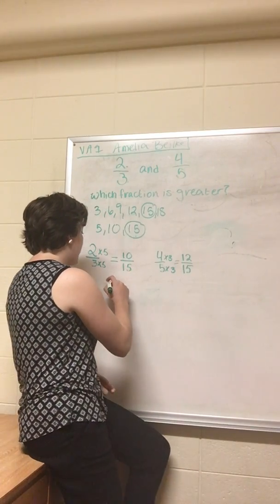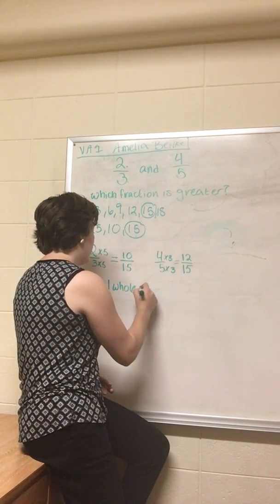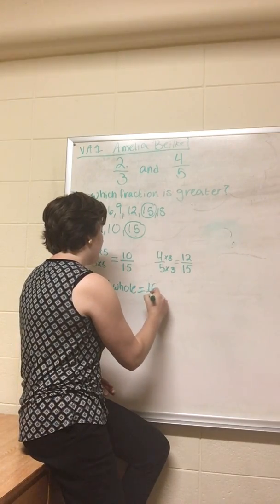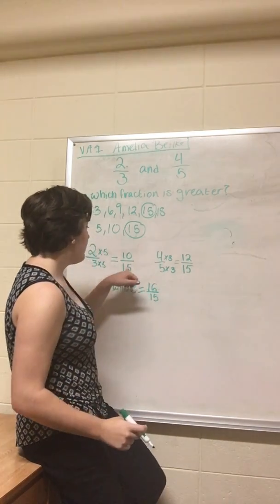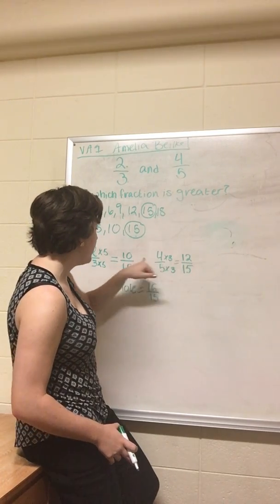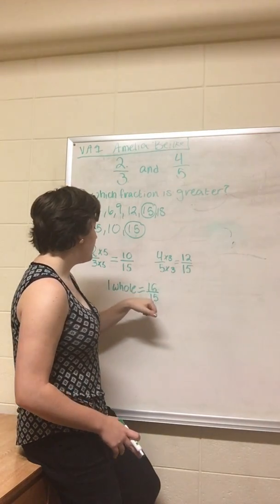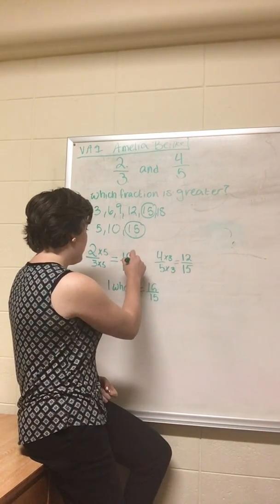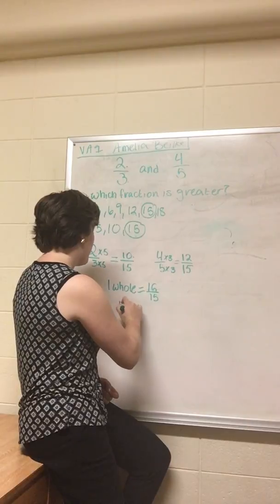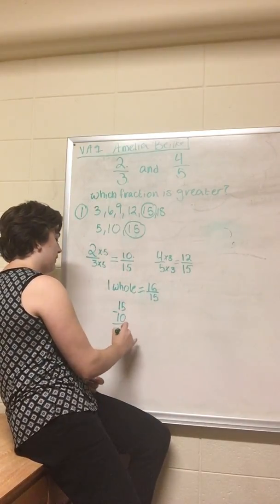So 1 whole in this case equals 15 over 15. Okay? So with 10 and 12, our numerator tells us how far away from the whole we are. So I'm going to subtract 10 from 15. So 15 minus 10 is 5.